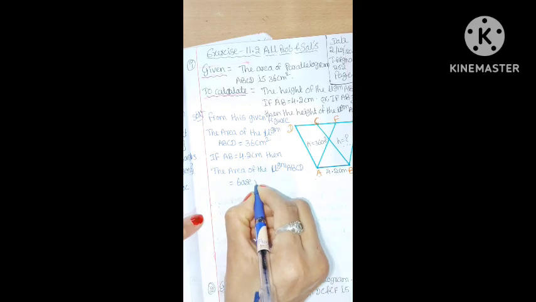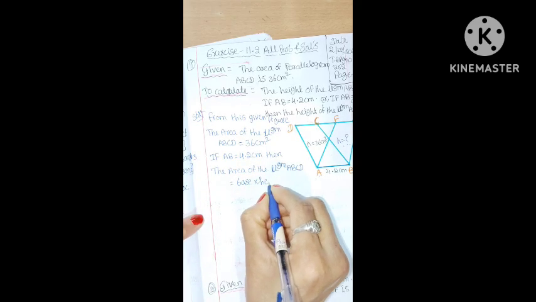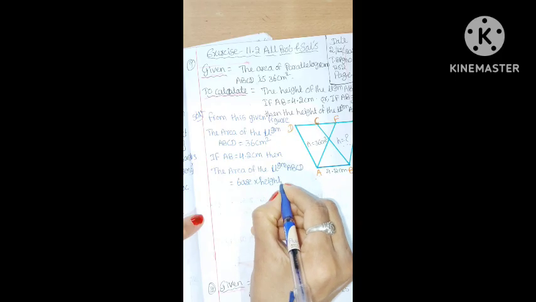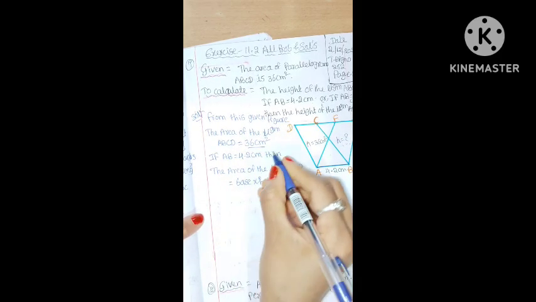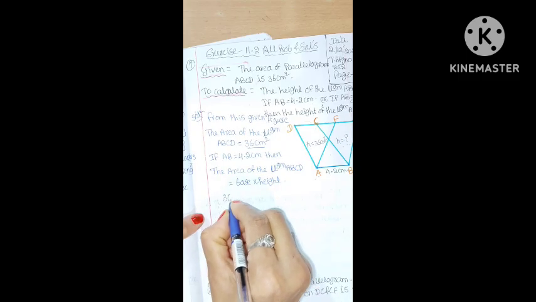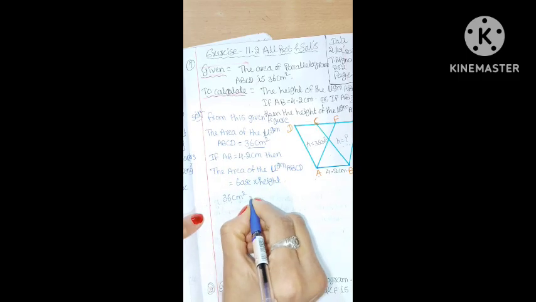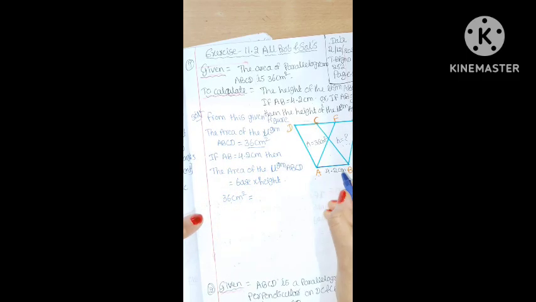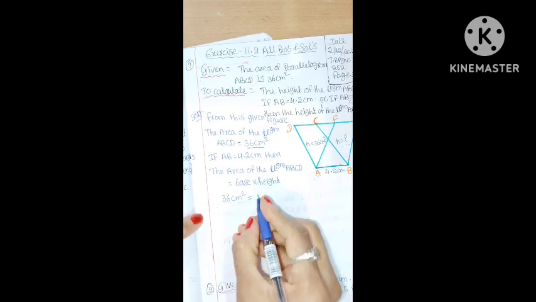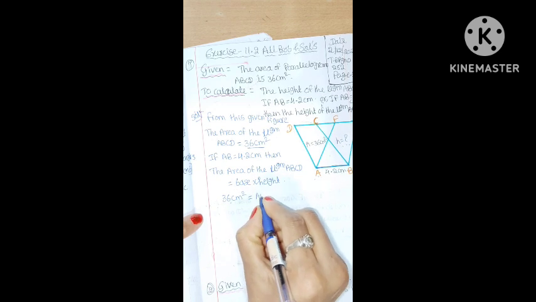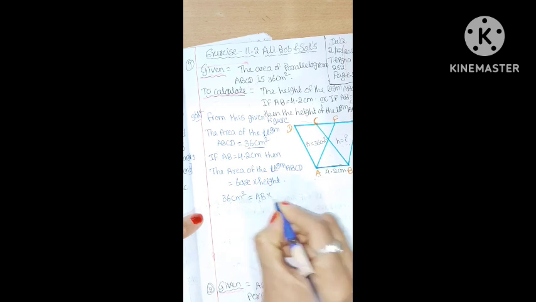Base into height. The area of the parallelogram ABCD given in the problem is 36 centimeters square. Base, do you know the base? This is the common base. AB is the common base, so in place of base we write AB.